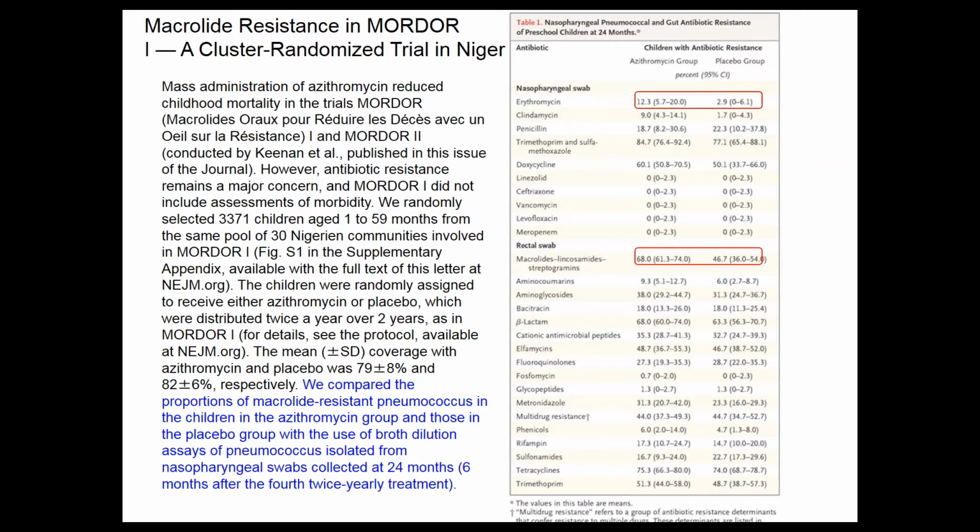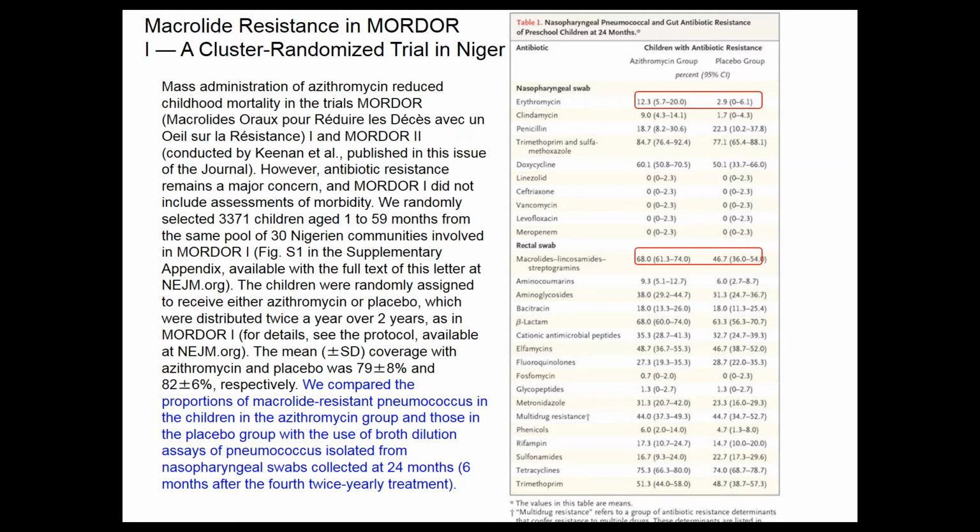One of the things that we might consider is that if you give kids azithromycin, you might encourage antibiotic resistance. And indeed, in one of the Mordor studies, this was studied. And indeed, the kids that got azithromycin routinely at periodic intervals developed a resistance to macrolide antibiotics. That's shown here.